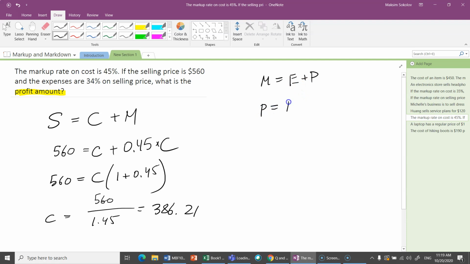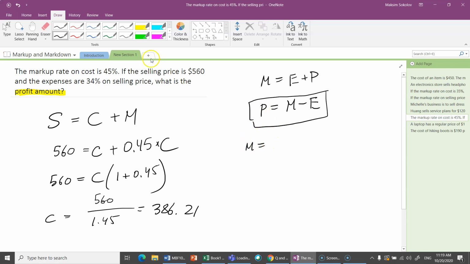Here, profit will be markup minus expense. So if we know the markup amount, and if we know the expenses, which we will know when we find 34% on selling price, we'll be able to find profit. Well, let's find markup amount. We will be using this formula shortly to find profit, but let's find first markup amount.